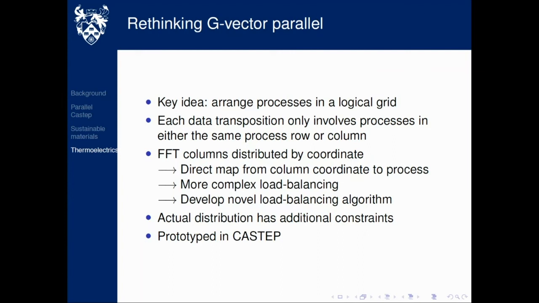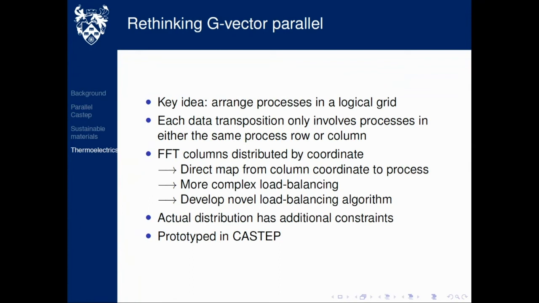our Fourier parallelism. The key idea is to not distribute the plane waves in the same way as before, but to distribute them being aware of where each of my MPI processes actually is in the machine, and to arrange them in a kind of logical two-dimensional grid.